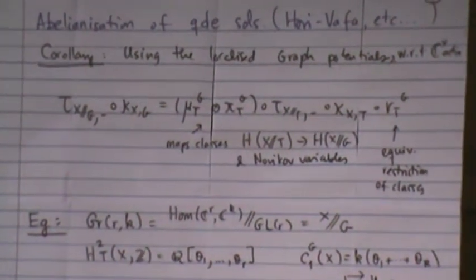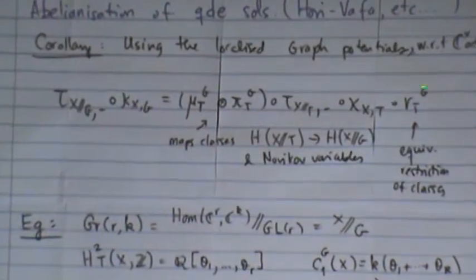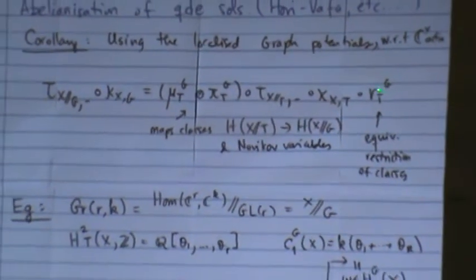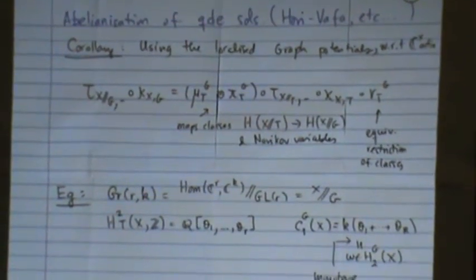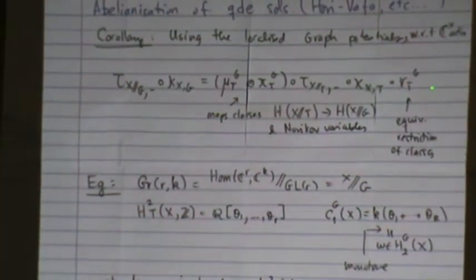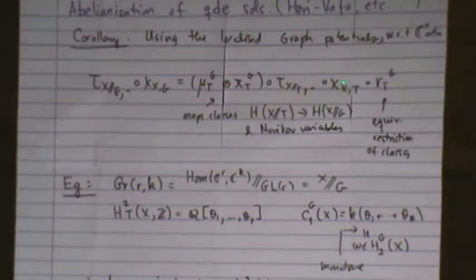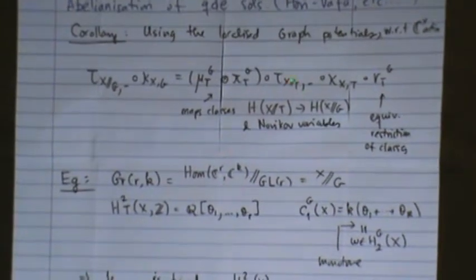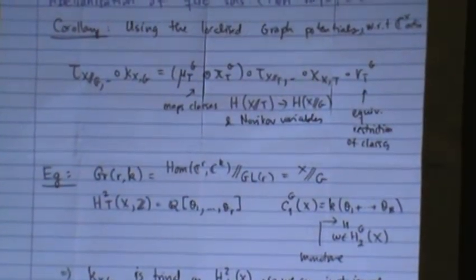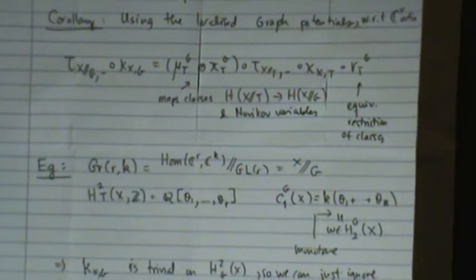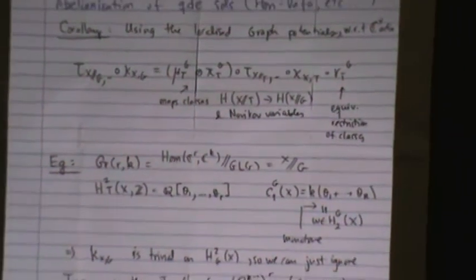Again, what I have to do is just restrict classes as they come in. If I have a class that is G equivariant, I change it to T equivariant, and then I compose the quantum map, and then I apply the potential with respect to the abelian quotient, and then I do the same thing backwards. And that's how it goes.